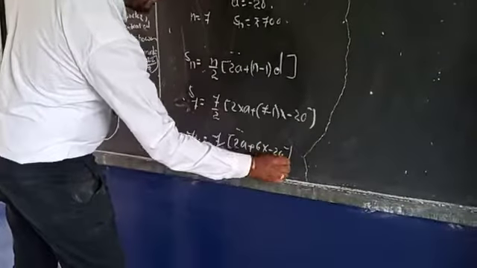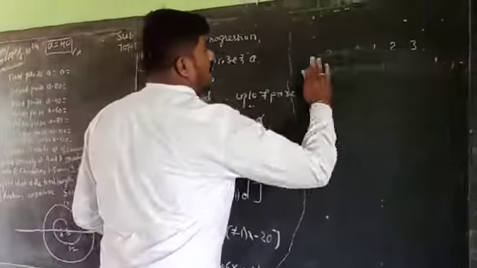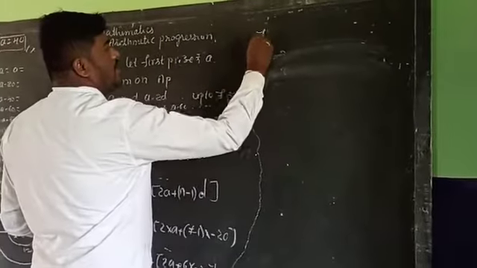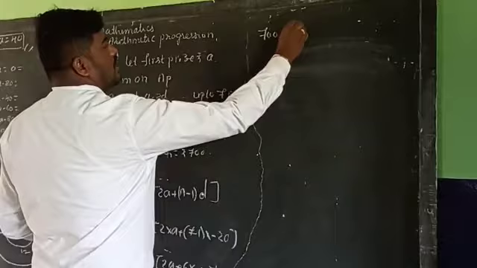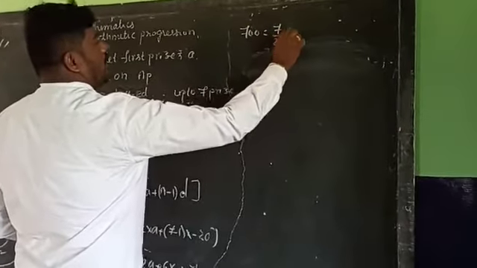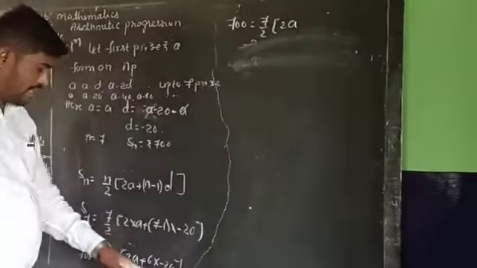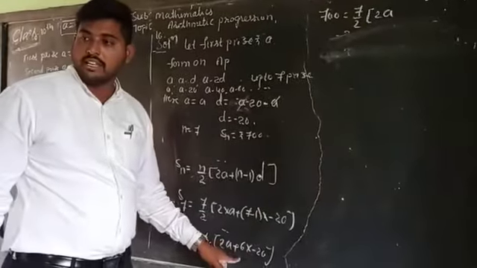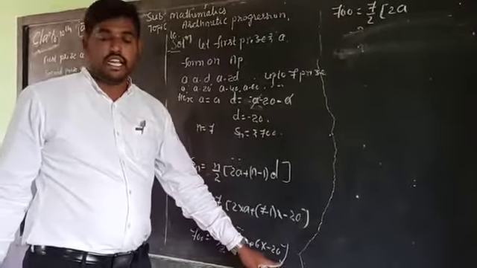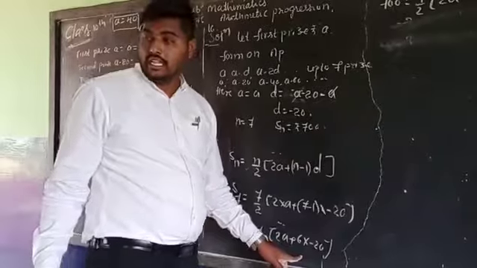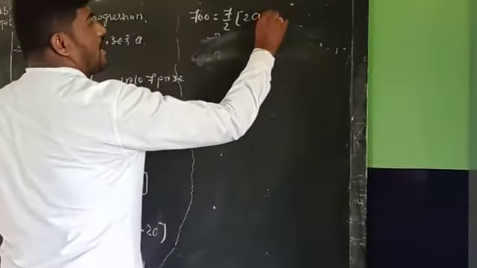Simplify, what will you get? 700 is equal to 7 by 2 into 2a plus 6 into minus 20, which is minus 120.